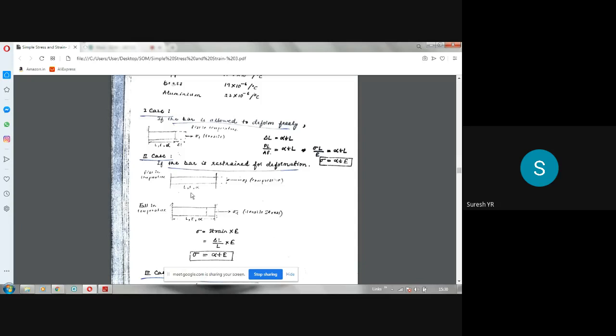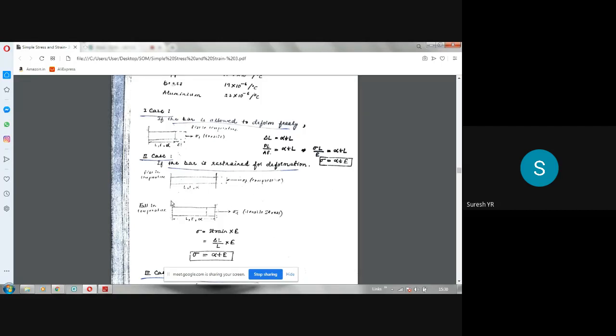Please understand this. At a free end it is tensile stress, but at the fixed end, if this restraint is not there, there would have been an increase in the length, but that is restricted here. So to avoid that tensile stress, a compressive stress of the same magnitude should develop. So sigma C is the compressive stress. When there is a rise in temperature, at the restrained end, a compressive stress develops.